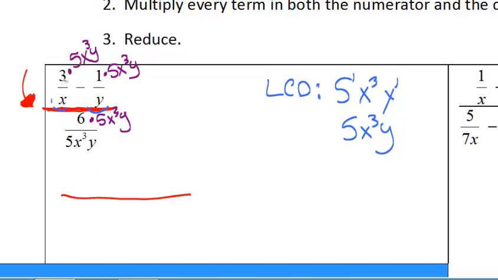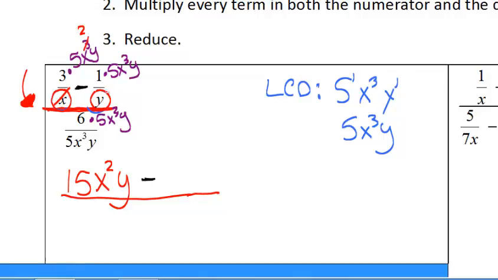On the first fraction, we have 3 times 5x cubed y over x. Notice that the x in the denominator and one of the x's in the numerator divide out, and that leaves me with 15x squared y. Then there's a minus sign in the problem, so we're going to keep our minus sign. Let's reduce the second one.